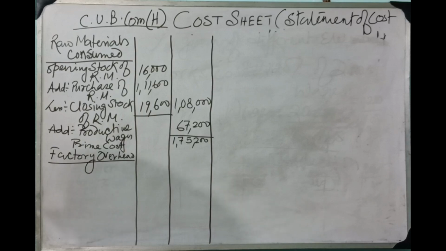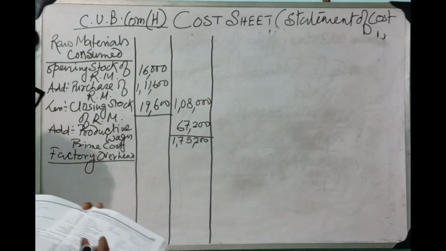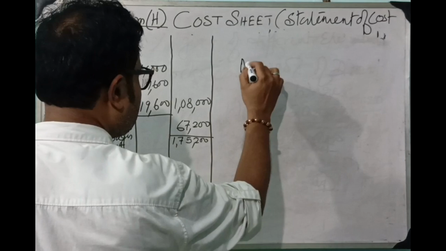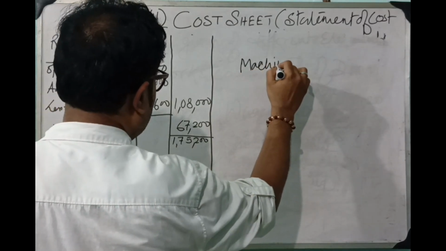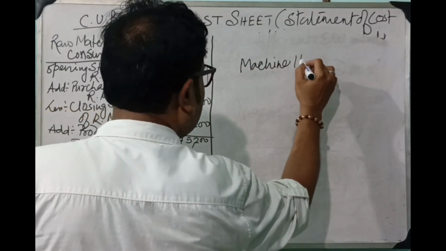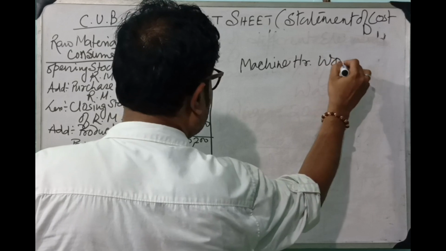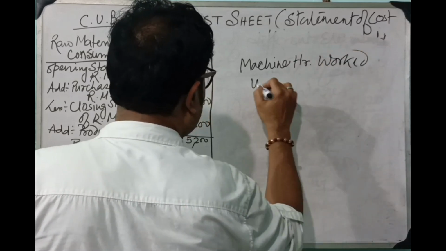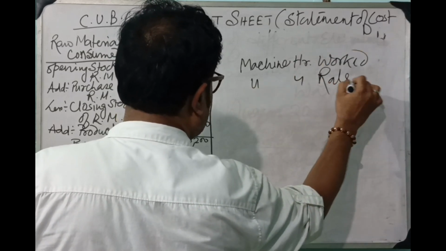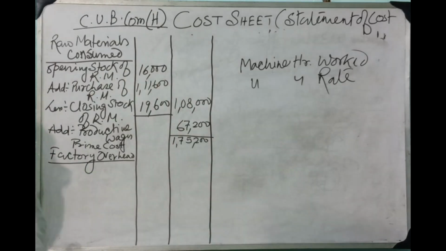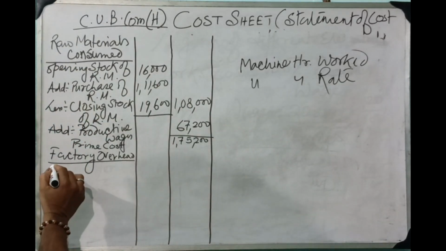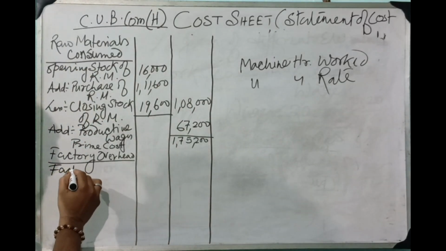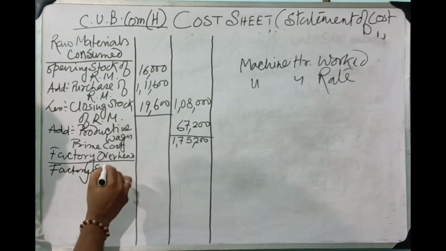Given machine hour worked and machine hour rate. So these two values are required to calculate the factory expenses. I am writing under factory expenses.